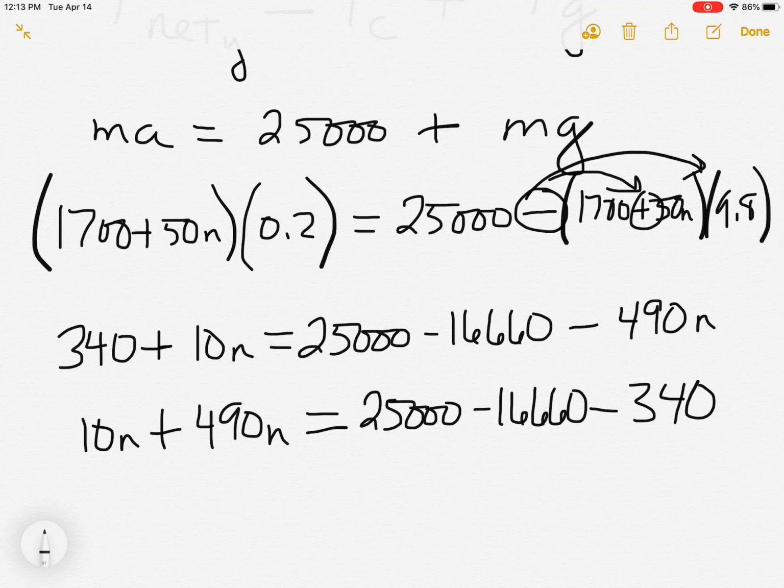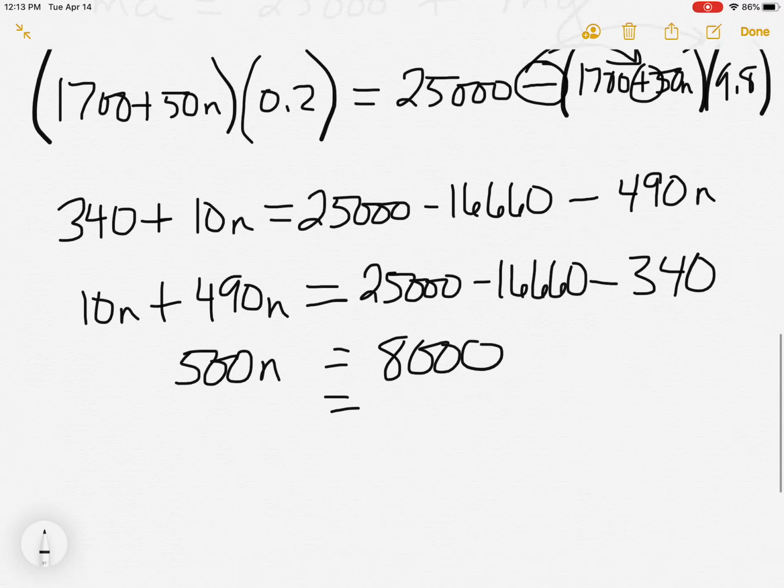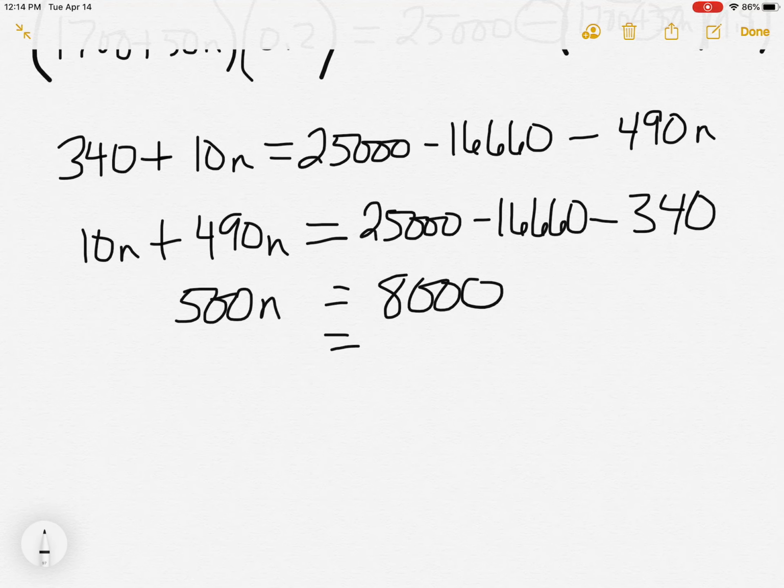Let me just do this, and I won't do it in my head because I don't want to make a mistake. 25,000 minus 16,660, and then minus 340, leaving us with 8,000 on that side of the equation. And on the other side, we have 500n. So now all we have to do is divide 8,000 by 500, dividing both sides by 500, and we get n equals 16 people.